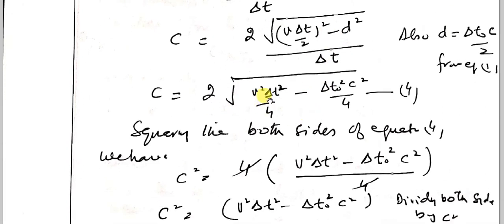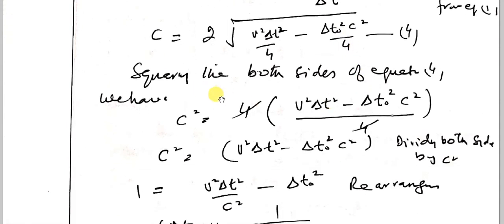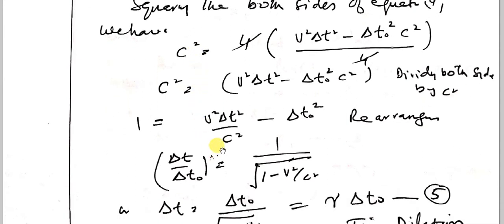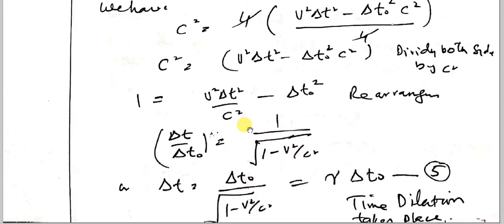Further squaring both sides, rearranging and simplifying, in the end we get delta t over delta t naught equal to 1 over the square root of 1 minus v squared by c squared, or delta t equal to delta t naught over the square root of 1 minus v squared by c squared, which is equal to gamma times delta t naught. This is the proper time delta t naught, and delta t is the observed time of the observer outside.